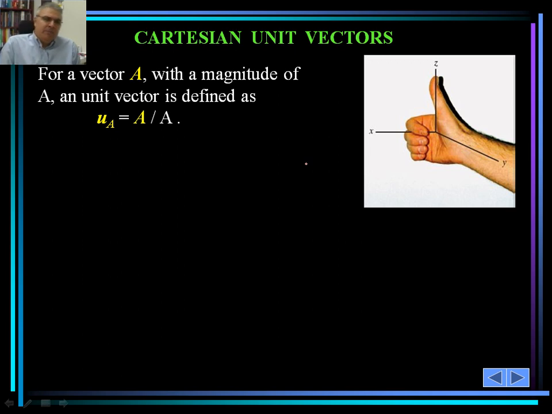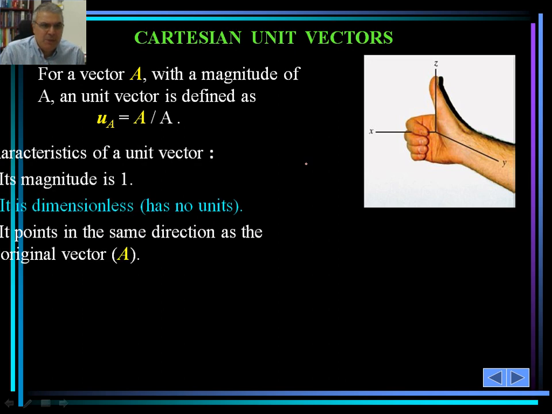So let's talk about Cartesian unit vectors and what a unit vector actually is. From physics and calculus, you've been introduced to unit vectors, but let me introduce them to you again, as this serves as a review.